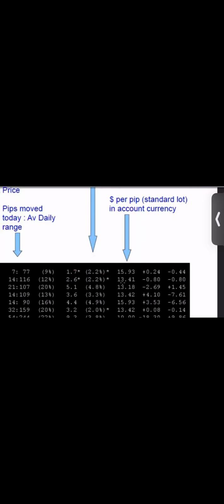On my personal account, which is funded, denominated and traded in New Zealand dollars, I'm getting paid $15.93 in my local currency for every standard lot that I have on the US yen, per pip. So for every 1 pip the US yen moves, assuming I have one standard lot on that pair, I get paid or I lose $15.93 in New Zealand dollars per pip.